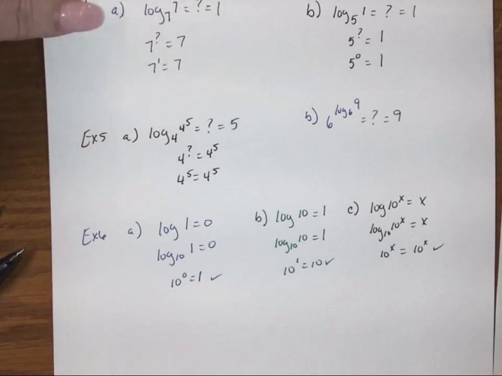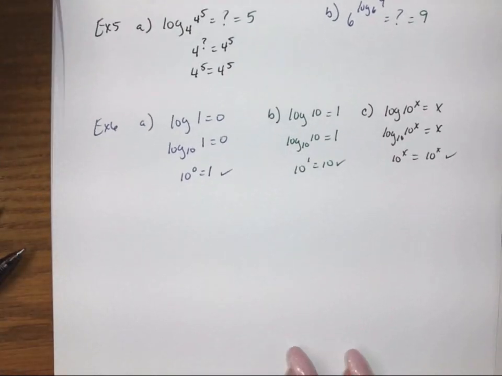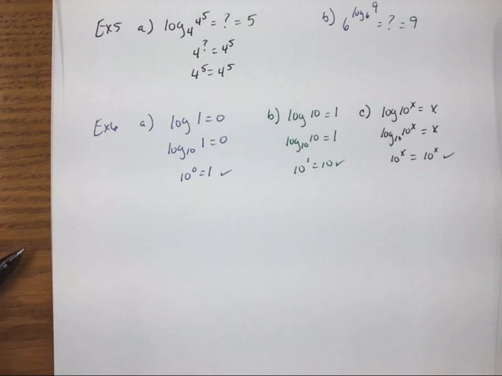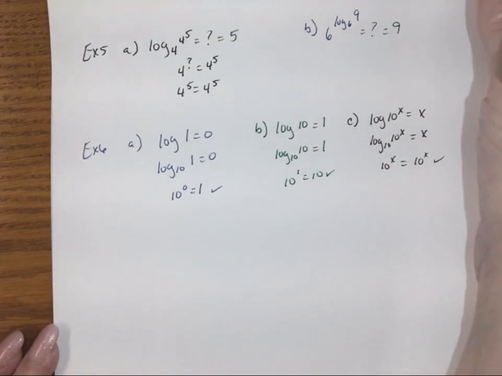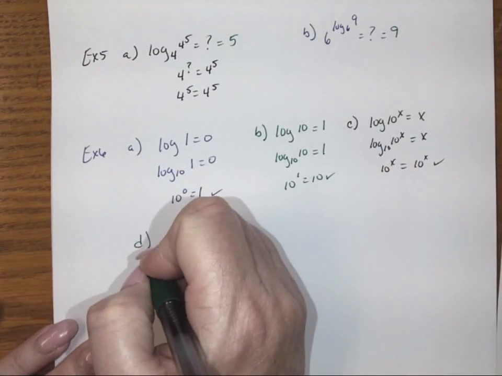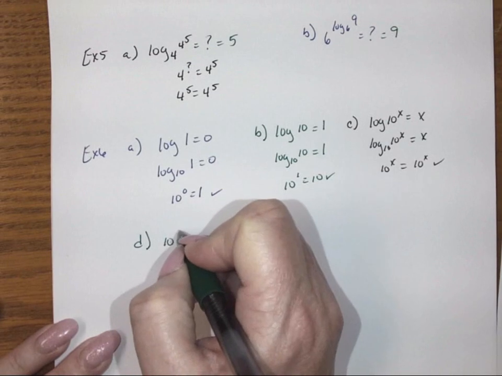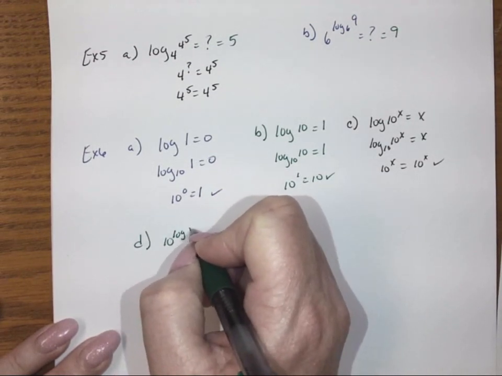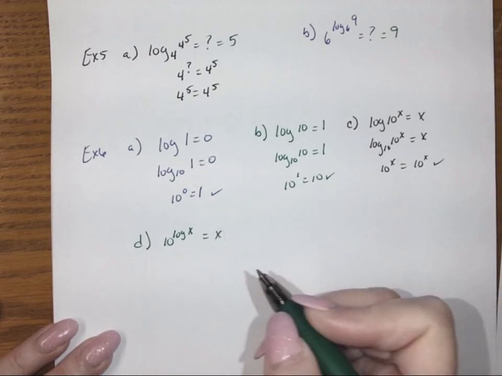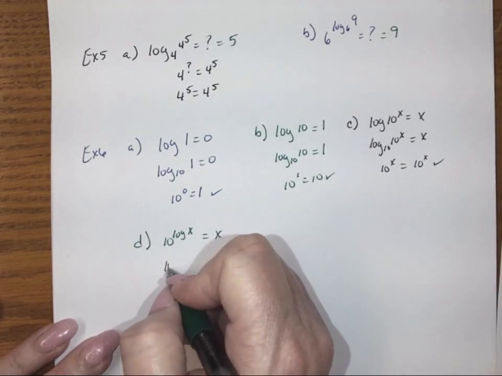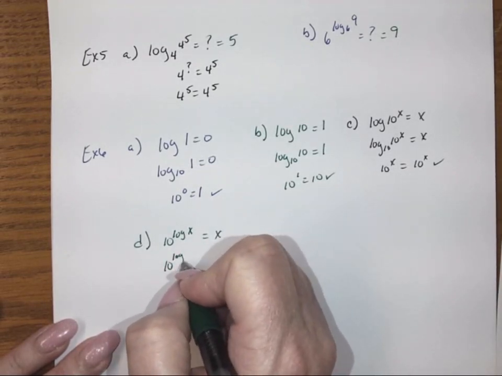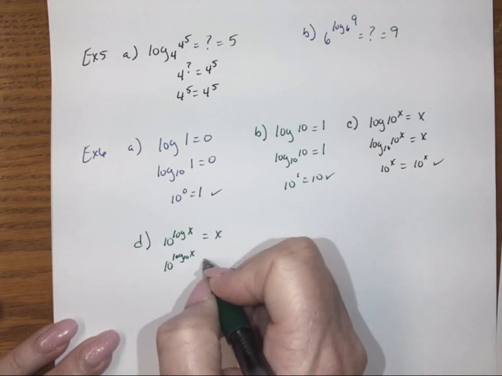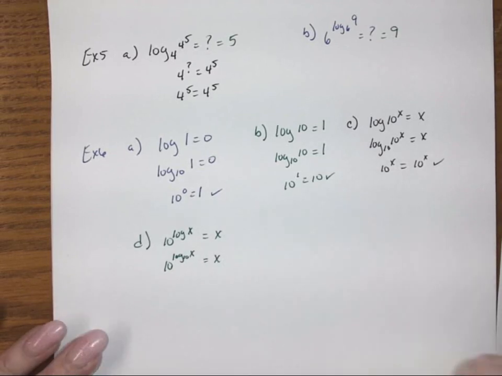All right, let's look at part D. In part D, we have 10 to the log of x equal to x. Well, again, if it doesn't have a base, it's 10 to the log base 10 of x equals x.